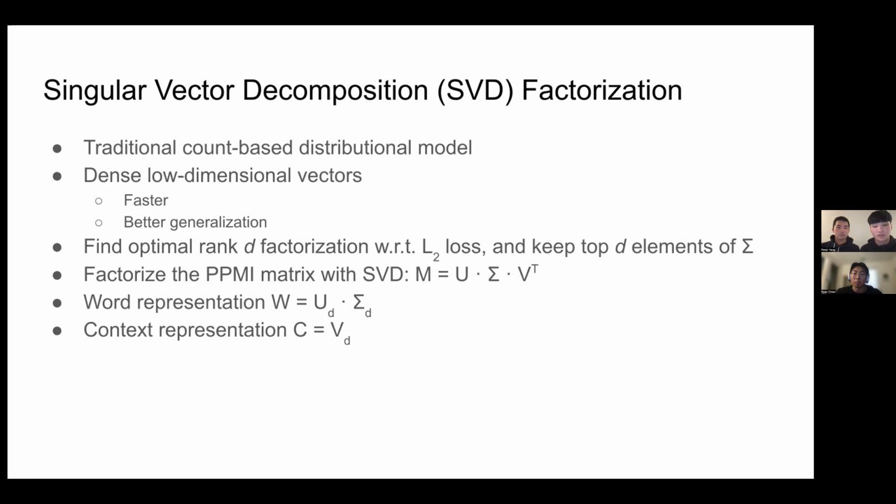The method is used to find the optimal rank D factorization with respect to the L2 loss, keeping only the top D elements of the diagonal matrix of the eigenvalues. You can also see the formula here. Then the word representation and context representation will also be updated.